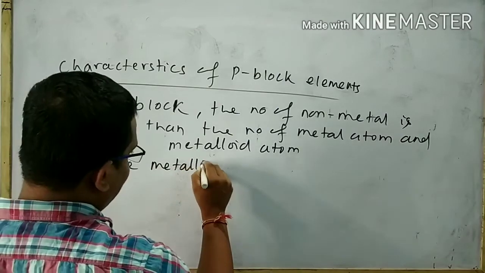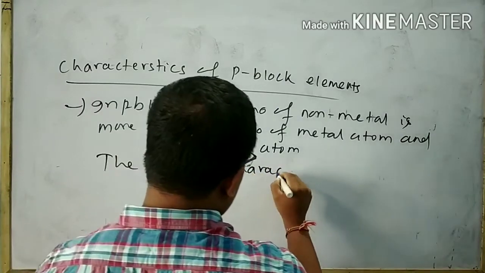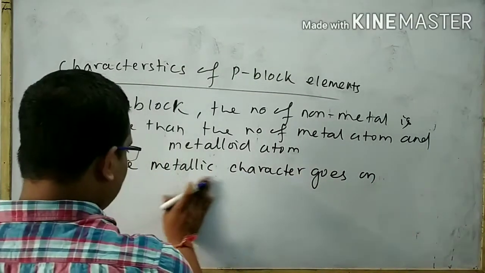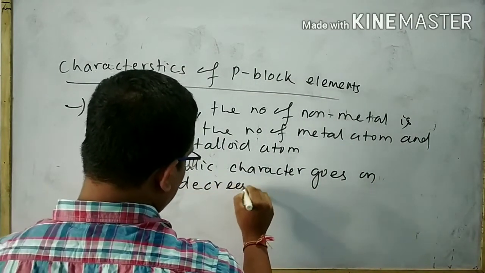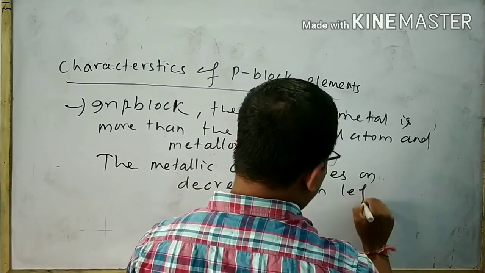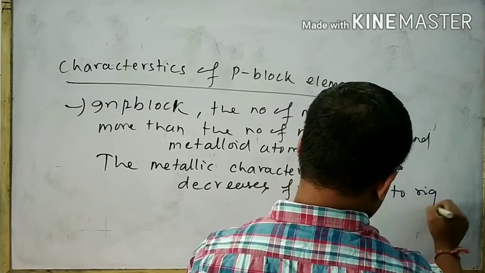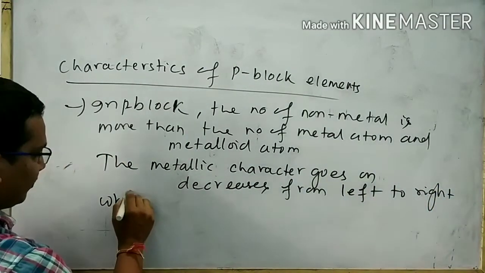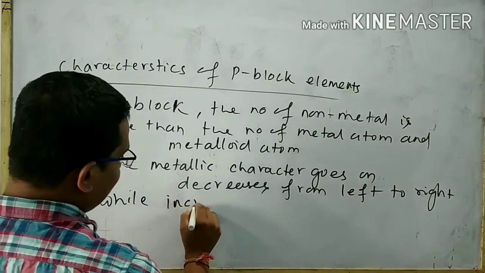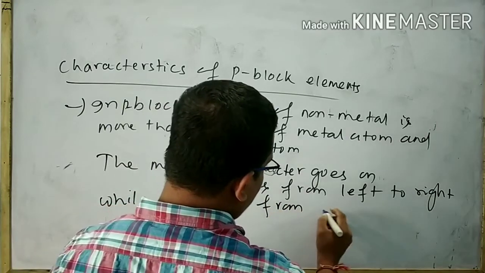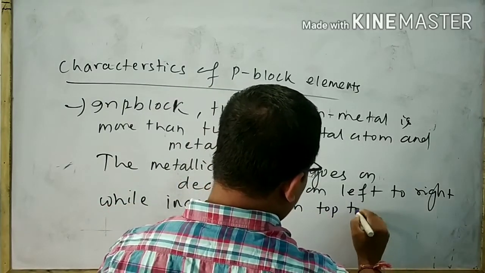The metallic character decreases from left to right, while it increases from top to bottom.